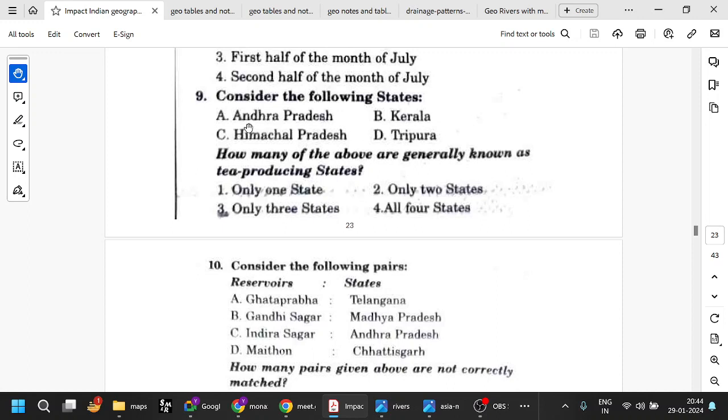Himachal Pradesh also to an extent, Tripura, but mostly West Bengal, Darjeeling, and all the hill stations. Most of the hill stations have tea plantations in the northeastern states. Darjeeling is very famous among them. Andhra Pradesh is more famous for coffee, not tea. And the coffee you have Arabica and Robusta, two major varieties, frequently asked. And highest producer is, I believe, Chikmagalur in Karnataka.